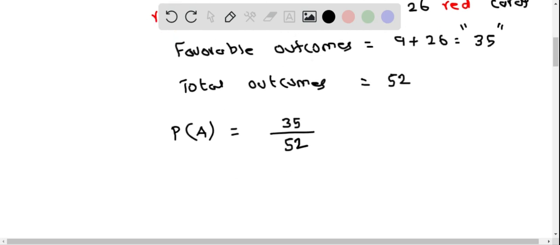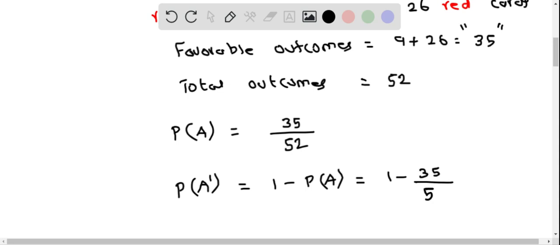Now we can find P of A bar, that is P of A complement, or otherwise P of not A. According to the property formula, we can write this as 1 minus P of A. And this equals 1 minus 35 over 52. So this equals 52 over 52 minus 35 over 52.